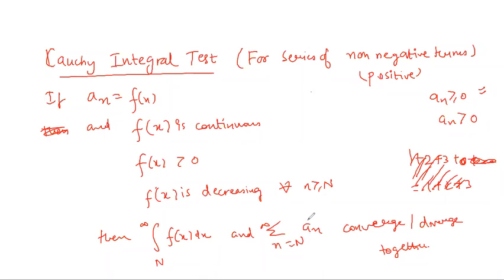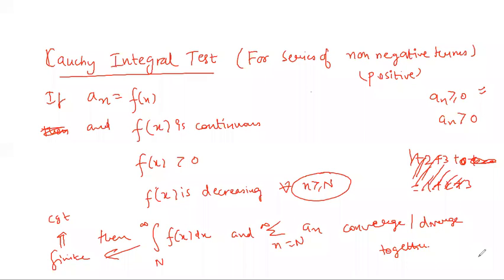So the integral will be evaluated, and if the integral is going to be finite, this implies convergence, and if the integral value is infinite or not defined, then we say the series is divergent. We have to satisfy these conditions. I'll be explaining the meaning of 'for all n greater than or equal to N'.